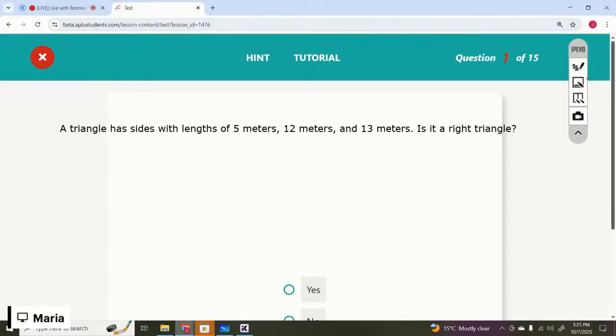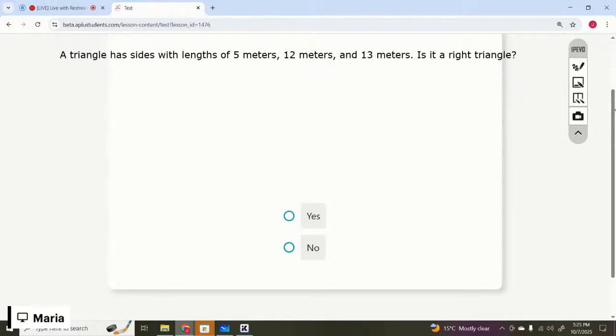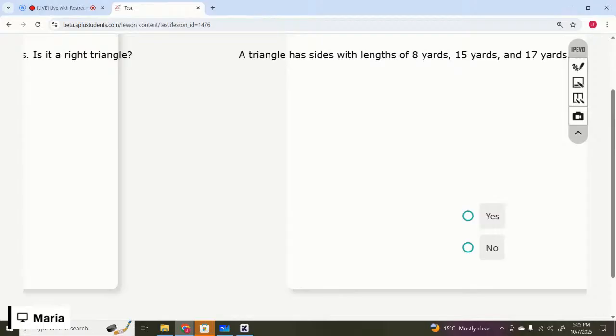So that's the one we just did in the tutorial. Both sides are exactly equal. So yes, that is a right triangle. Option number one is the correct option.